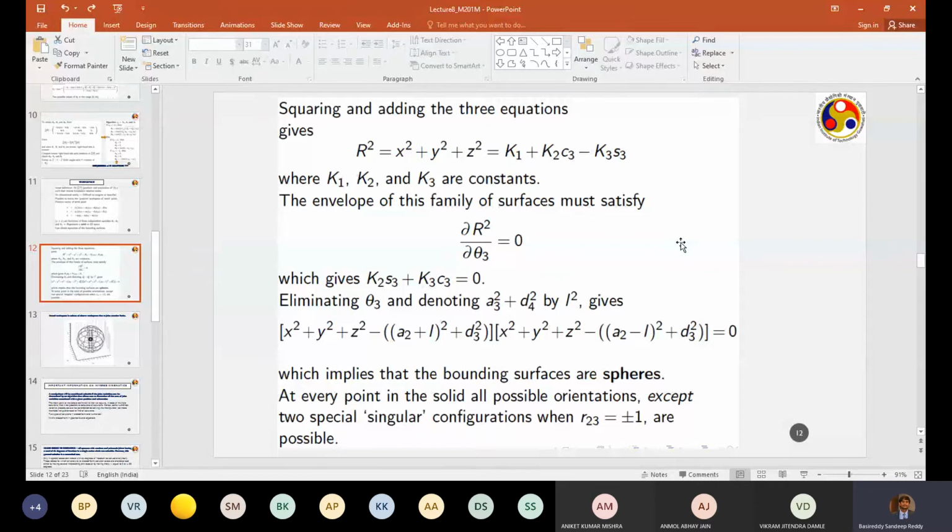What does dy by dx represent? It represents that there is no change of r square with respect to theta 3. If the partial derivative of r square with respect to theta 3 is 0, then r square won't change with any change in theta 3, right?